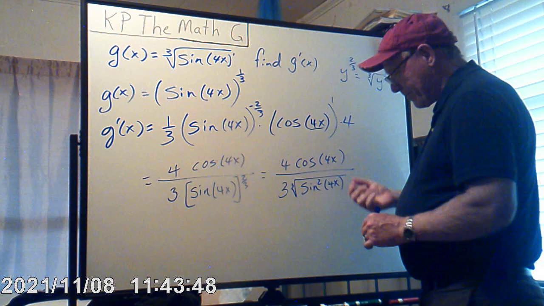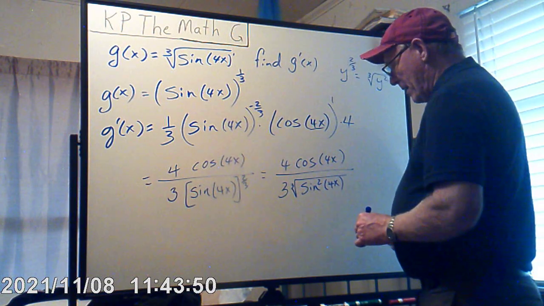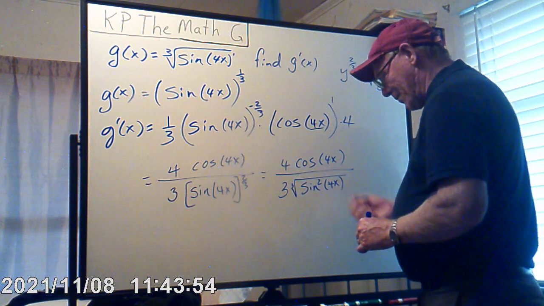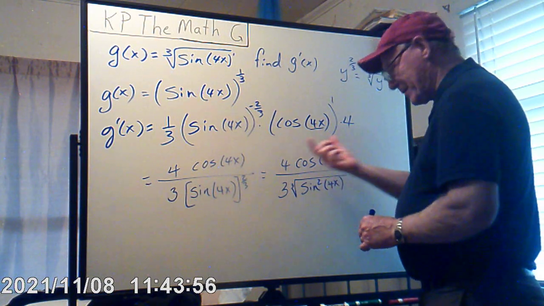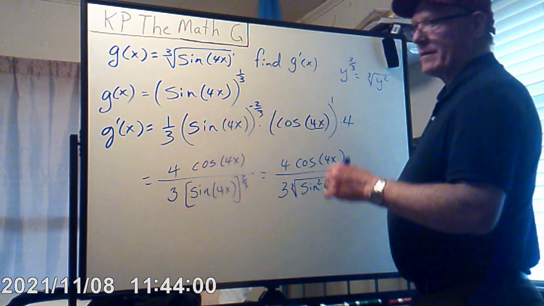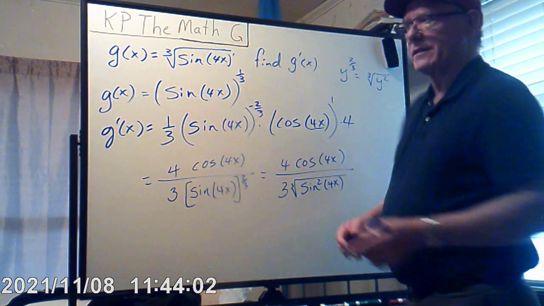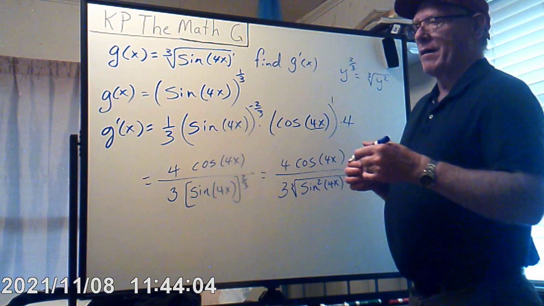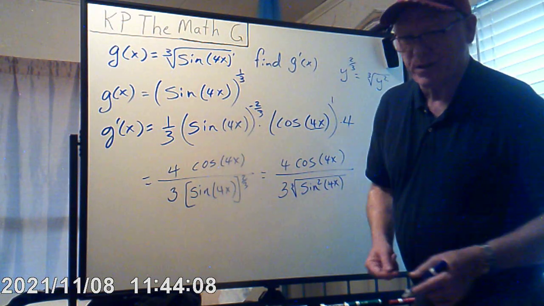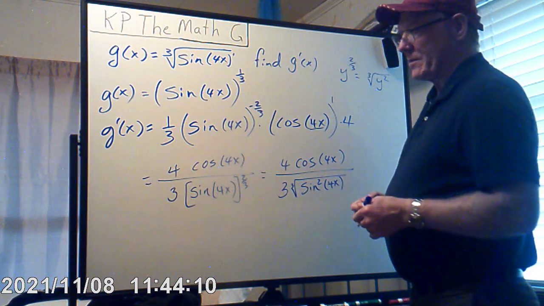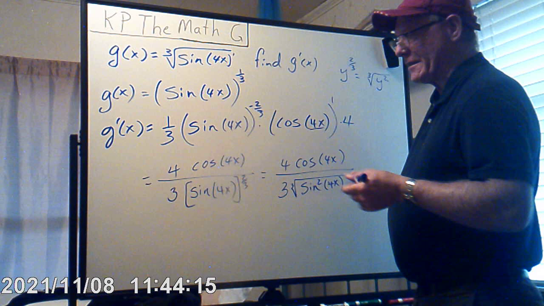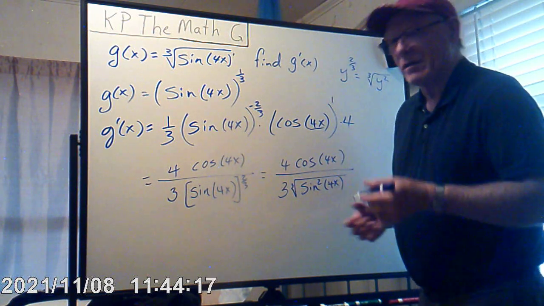Some people might expand cosine 4x and sine 4x. I'm not going to do that. Just let it be right there. Again, this represents the slope of the tangent line, or instantaneous velocity. It could represent any rate of change that we want.